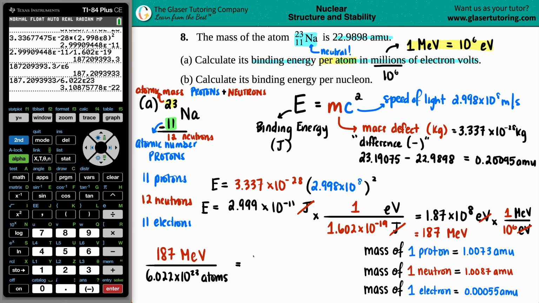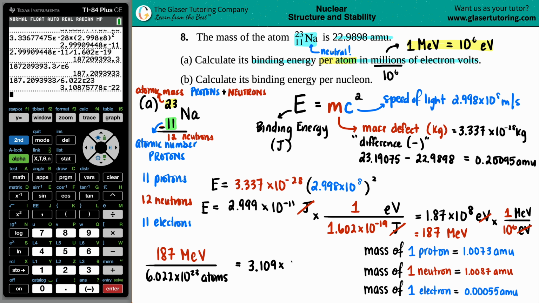Now, technically, if they do say per atom, it should be divided by Avogadro's number. If it was per mole, then I would have left it at this number. Looking at this number versus this negative 22 gives me a little bit of a suspicion here.